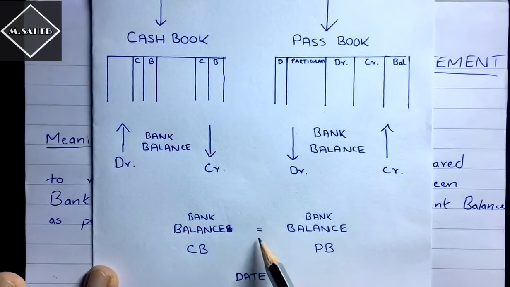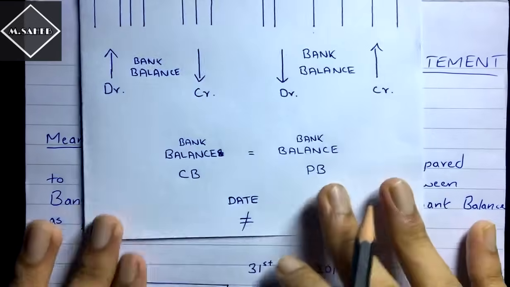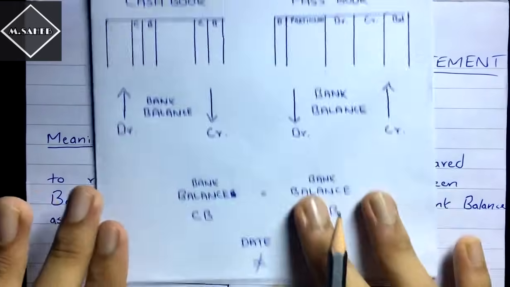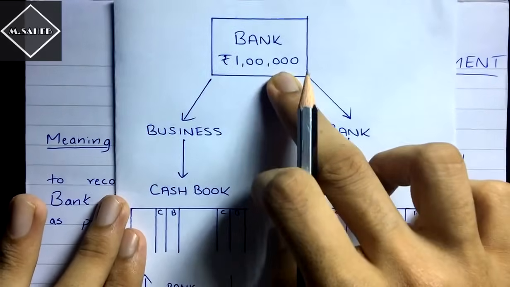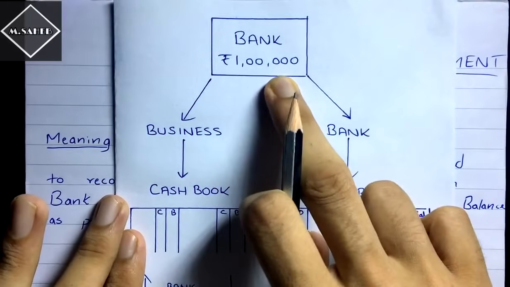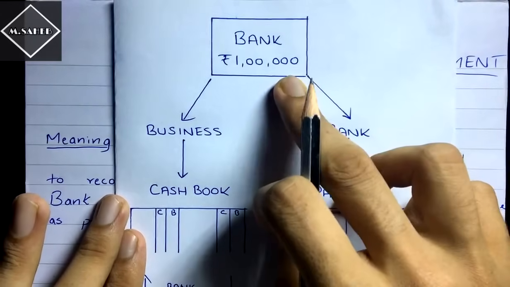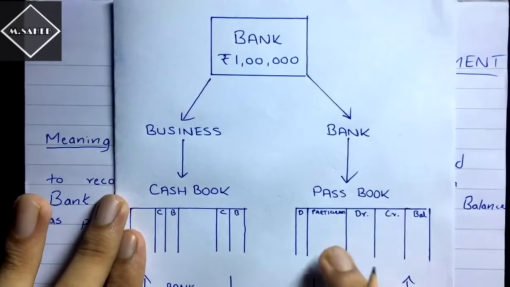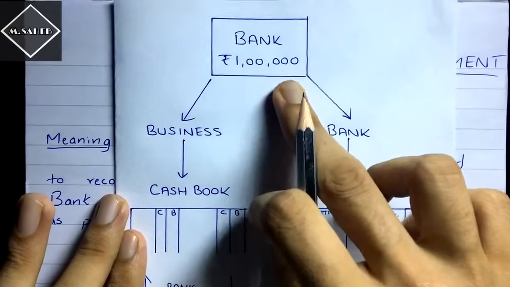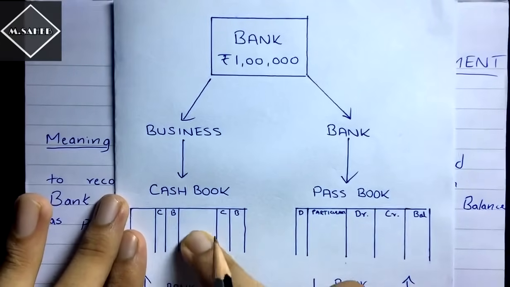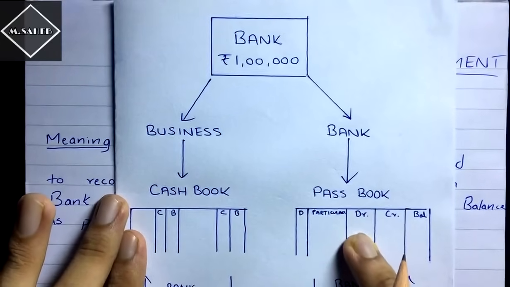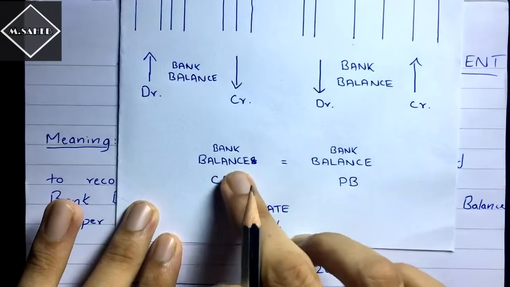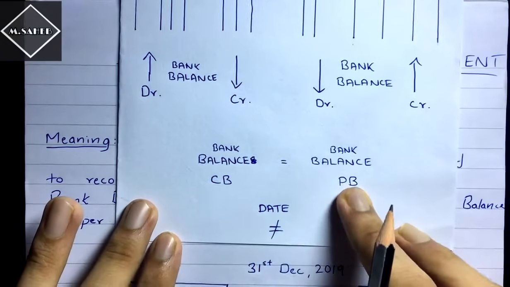But what will happen at a certain date, they will not be equal. The cash book will say in a bank account, we have 1 lakh balance, but the passbook will say, no, we have 80,000 balance. See, there will be difference between the bank balance as per cash book and bank balance as per passbook.